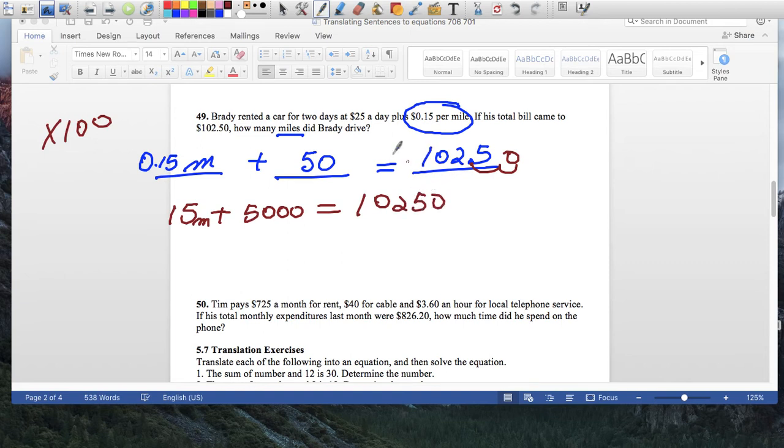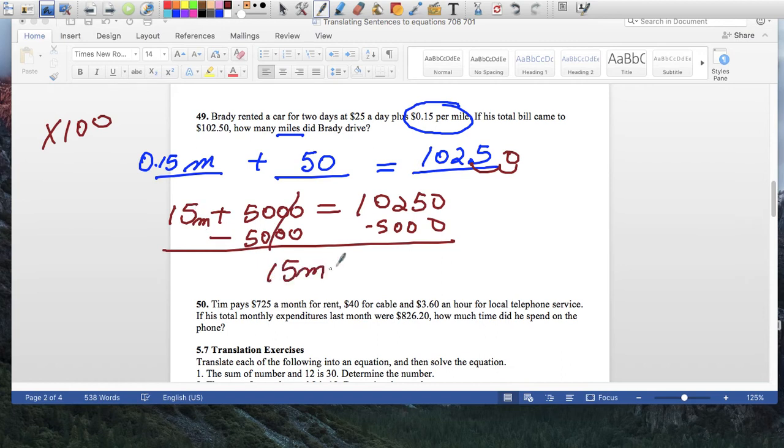No more decimals. Make your story. You subtract 5,000 here, 5,000 over here. Cross out. I get 15m left over here, and I'm going to have 5,250 left over here. Divide both sides by 15. I should find where my calculator is, but I can't, so I'm going to have to do this by hand.